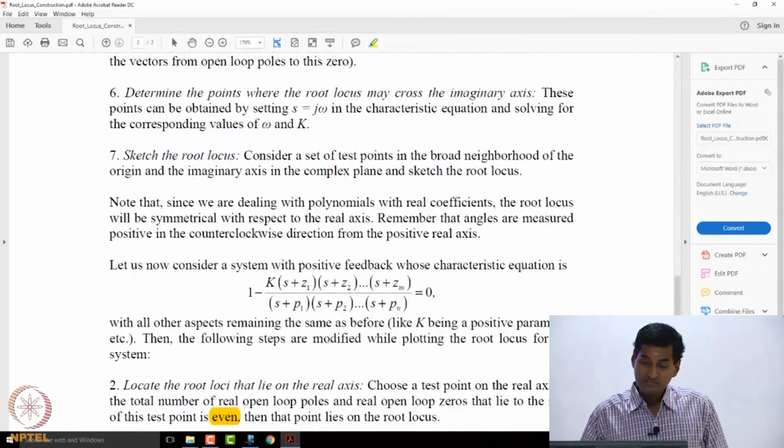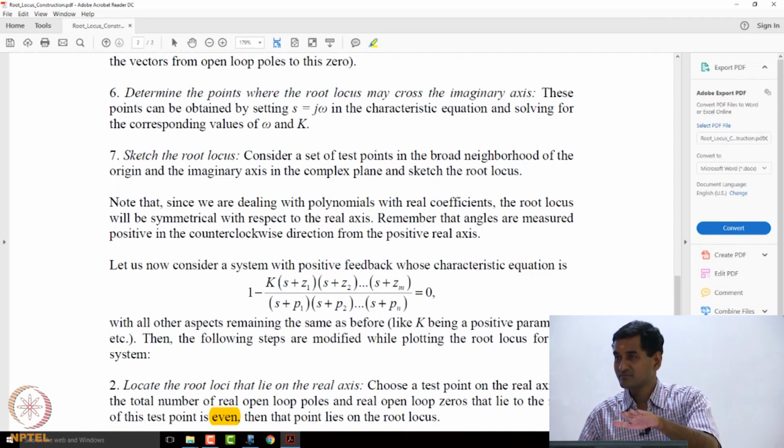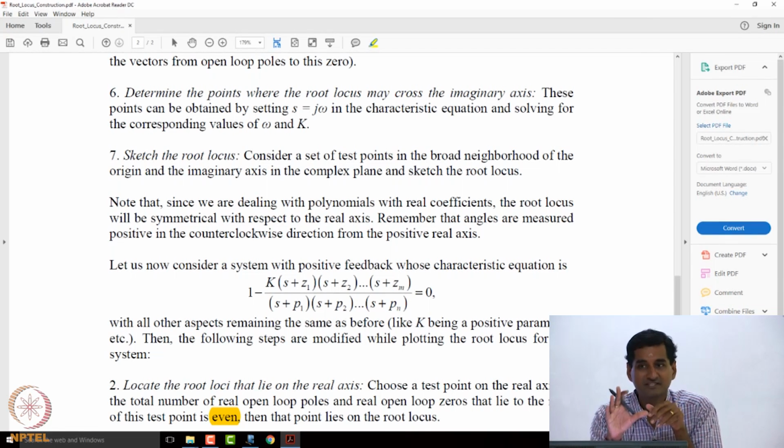So, what about step 6? Step 6 remains the same because for the crossover point, you substitute s equals j omega in the closed loop characteristic equation. Of course, we need to be aware that now the closed loop characteristic equation is slightly changed because it becomes 1 minus g of s h of s equals 0. So, we need to be careful with that processing. But otherwise, you just substitute s equals j omega in the same equation and proceed as before.